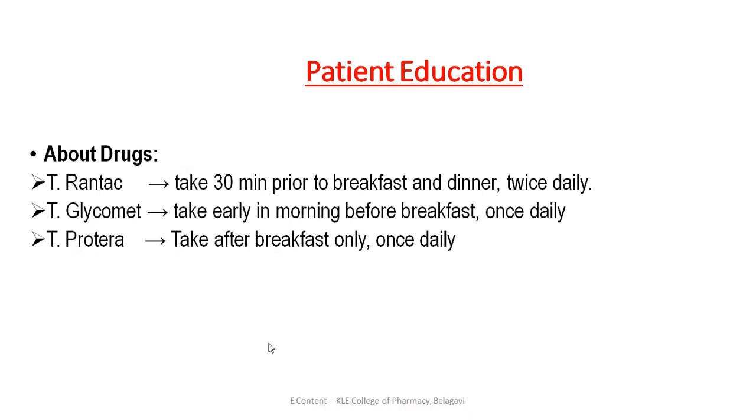The patient was educated that tablet Rantac, that is ranitidine, is to be taken before food, and glycomet GP is to be taken early in the morning before breakfast once daily. The patient was also educated about hypoglycemia which can occur during the day, and the precautionary measures to take once the patient gets hypoglycemia. Everything was educated to the patient.